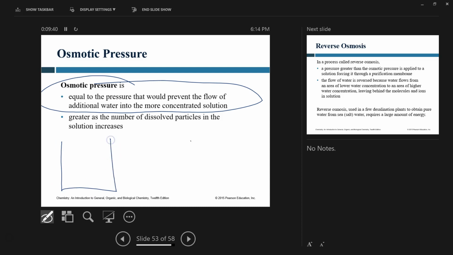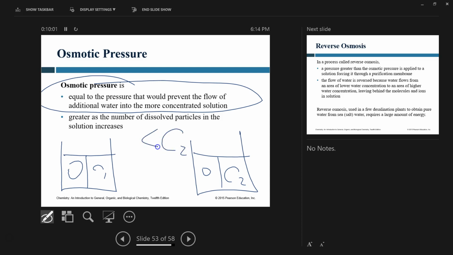If you have two beakers, and this is pure water, so the concentration of solutes is 0, and on the right hand side there are solutions with the concentration C1 and C2. If C2 is bigger than C1, then the osmotic pressure in that system on the right hand side will be higher. Does that make sense?